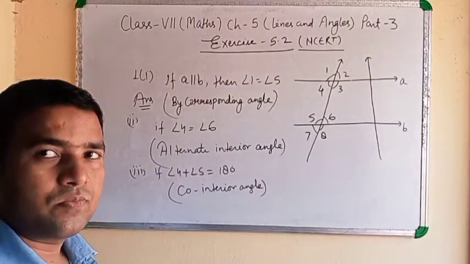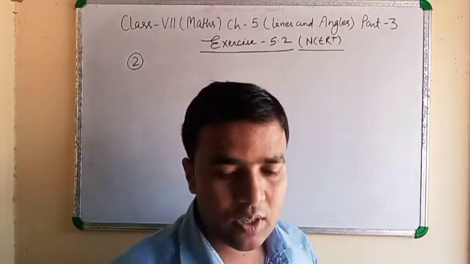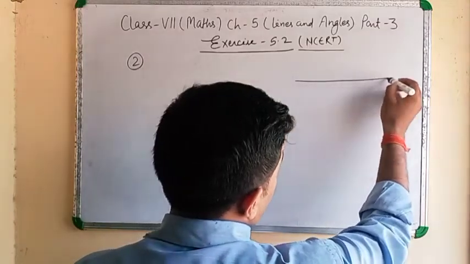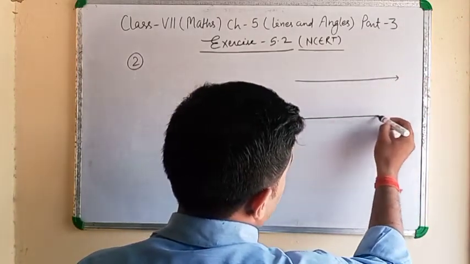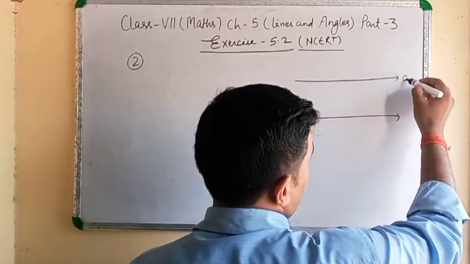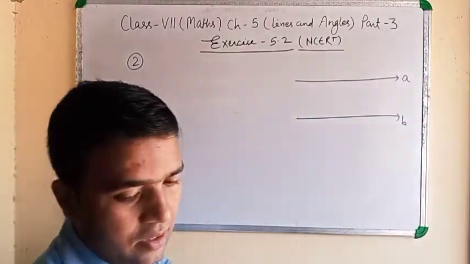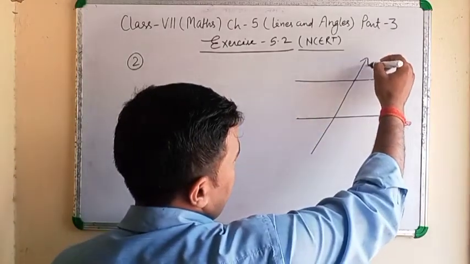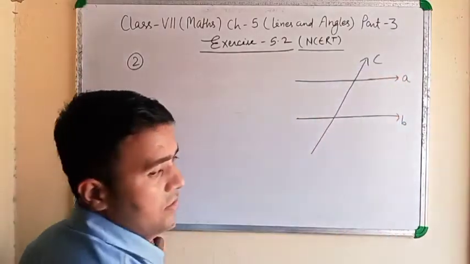Note down. Question number 2: in the adjoining figure identify the parallel lines. A and B are parallel, clear? C is the transversal line.